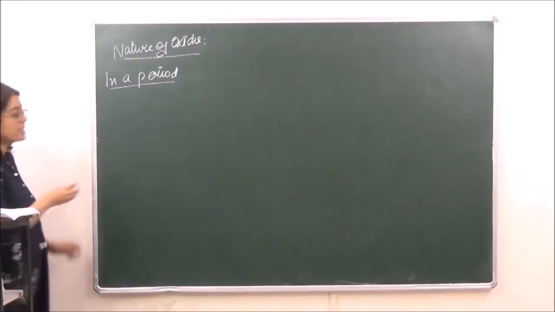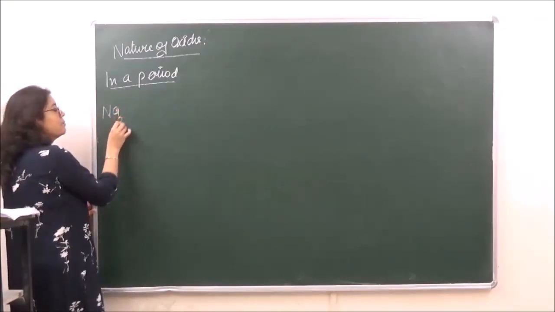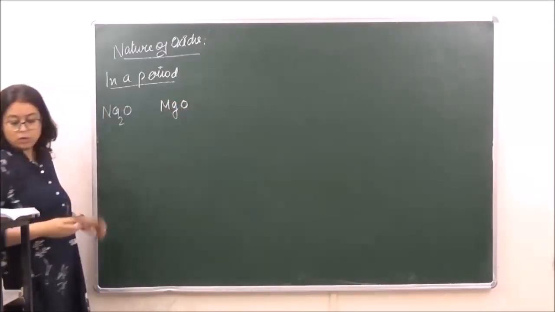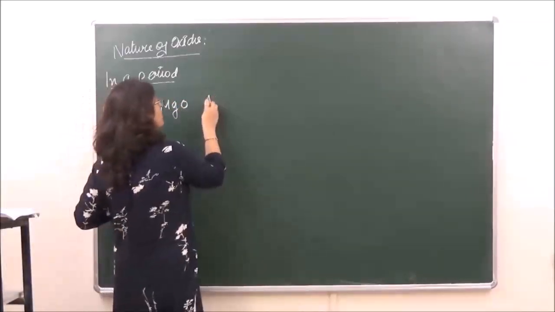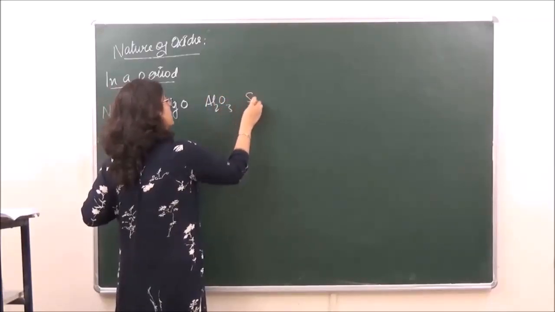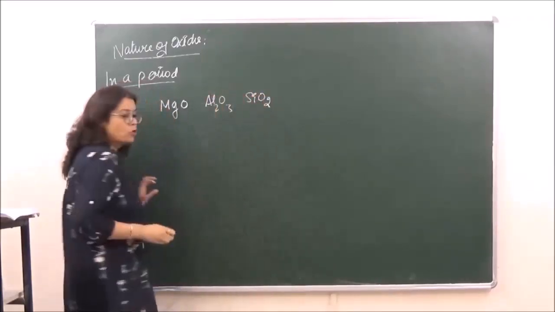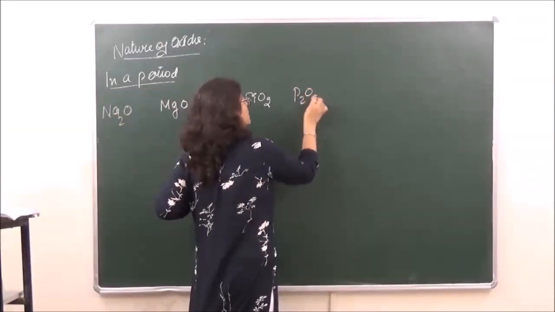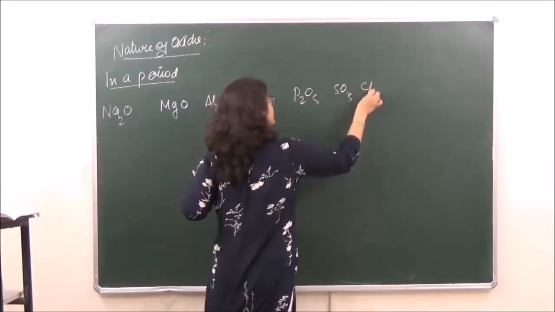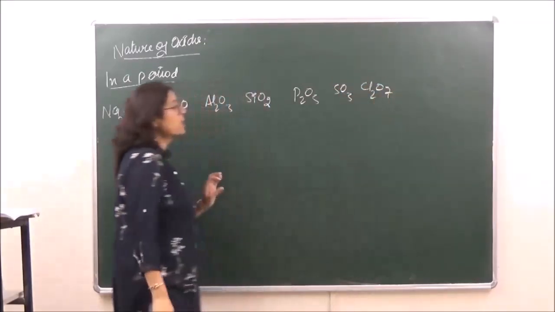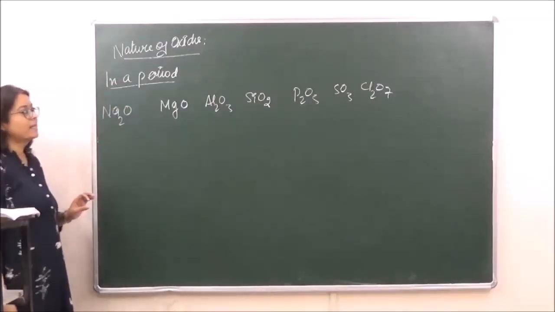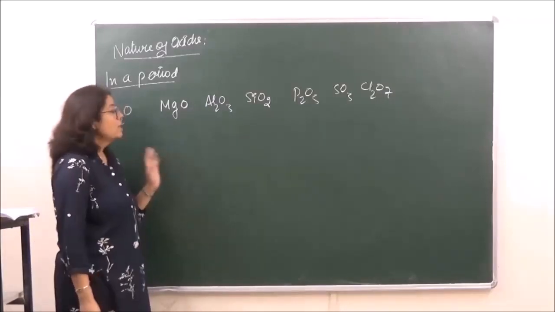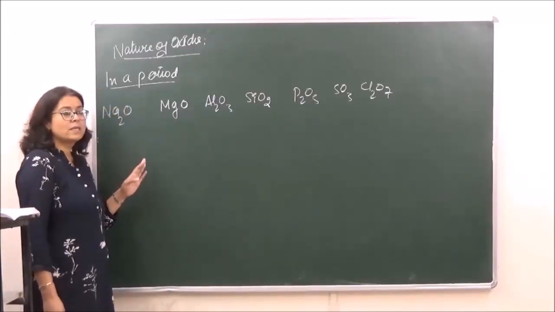ठीक है? जैसे for example, we are again taking the same period. We have Na2O, MgO, फिर उसके बाद Al2O3, SiO2, ठीक है? और फिर उसके बाद P2O5, SO3 and Cl2O7. As we are going from metallic to non-metallic character, in a similar manner the strength shifts towards the acidic strength.